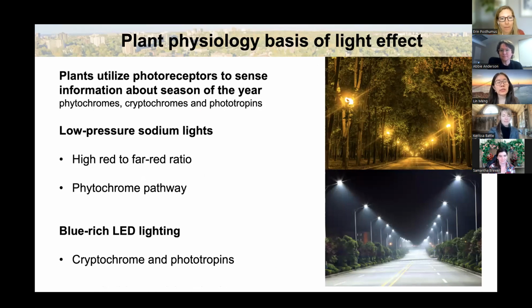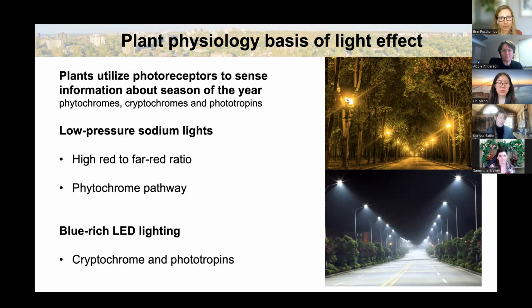There is already enough evidence from plant physiology to show that light has a profound impact on plant development and phenology, because photoreceptors have been identified in plants that can sense different intensities and colors of light.